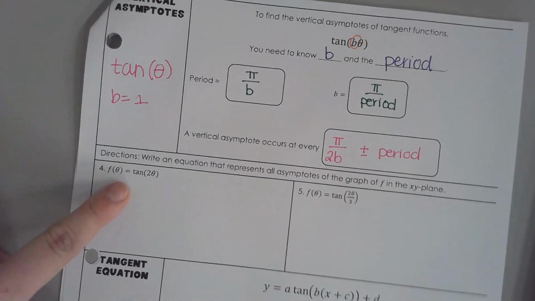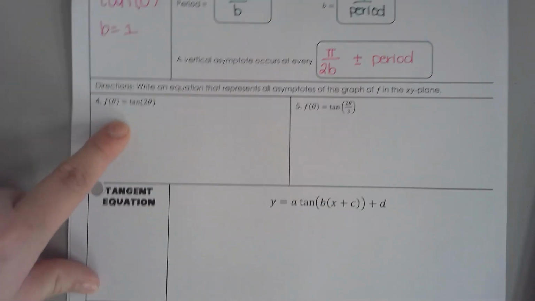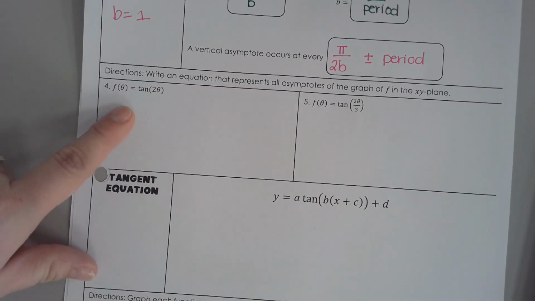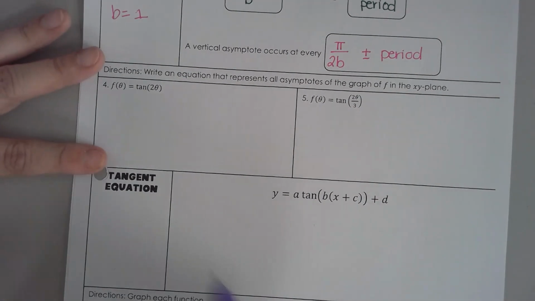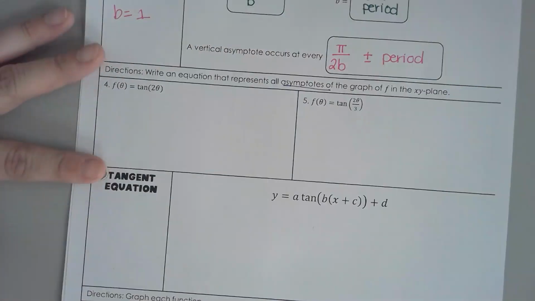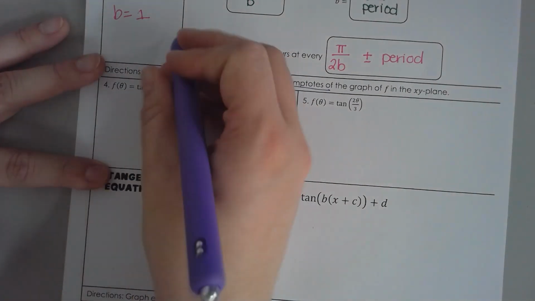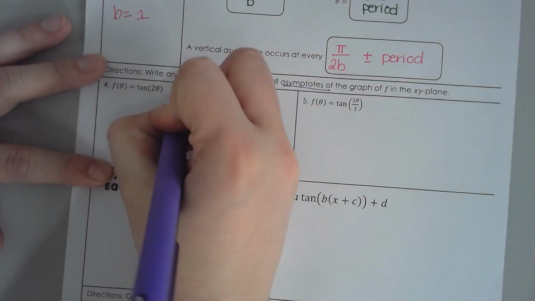So here at number 4, if we have tangent of 2 theta, we're going to figure out where the vertical asymptotes are. So b is 2, right?